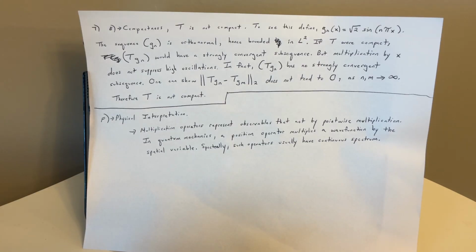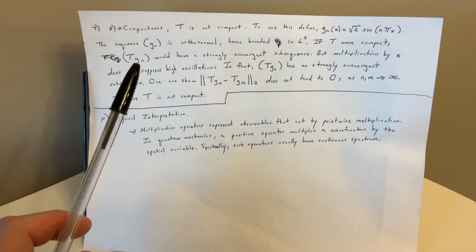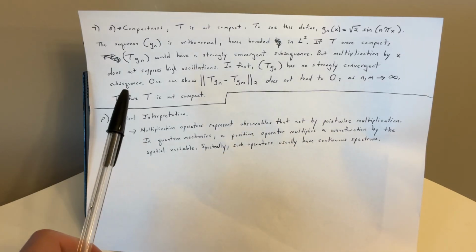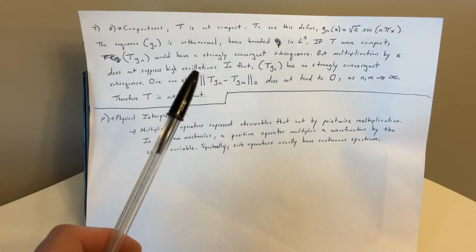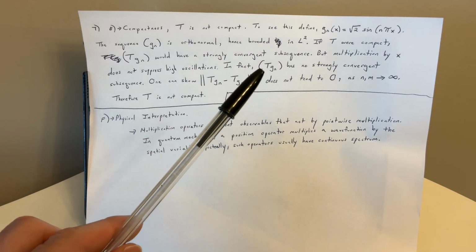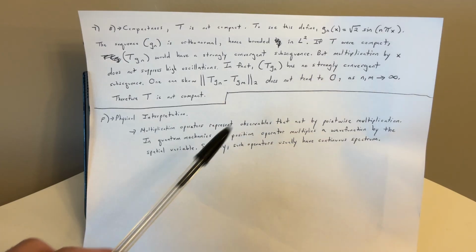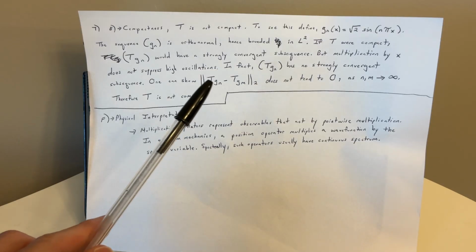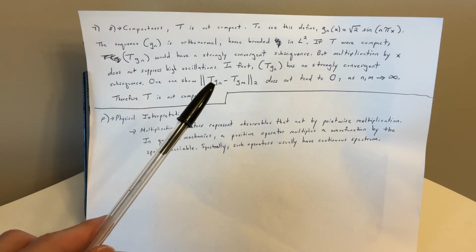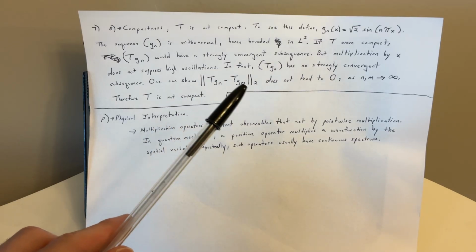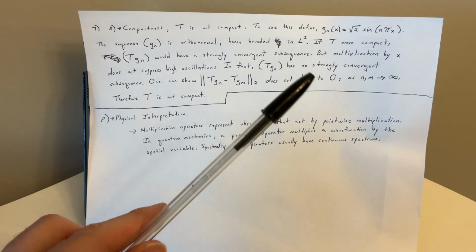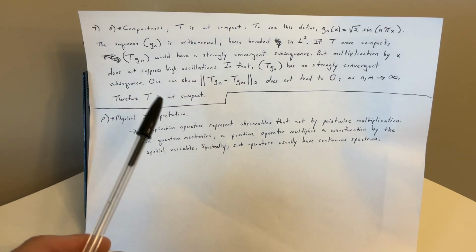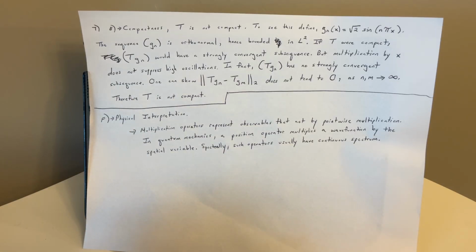If T were compact, then T G sub n would have a strongly convergent subsequence, but multiplication by x does not suppress high oscillations. In fact, T G sub n has no strongly convergent subsequence, and one could show that the norm of the difference between T G sub n and T G sub m does not tend to 0 as n and m approach infinity. So we can conclude T is not compact.